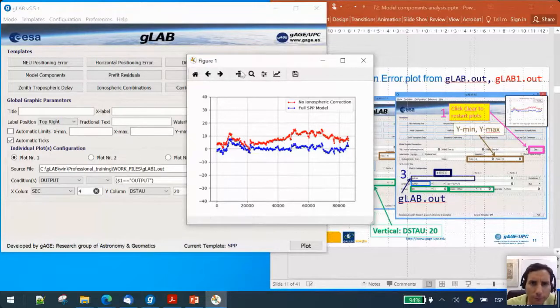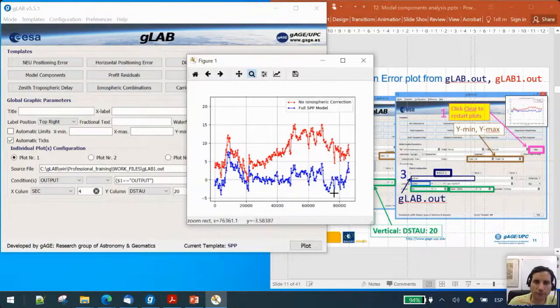So if we make a zoom, we can see that this was not a smart choice, because we increase the errors by more than 10 meters. Sometimes it is not very dramatic, so taking or not taking into account the ionosphere does not impact so much.